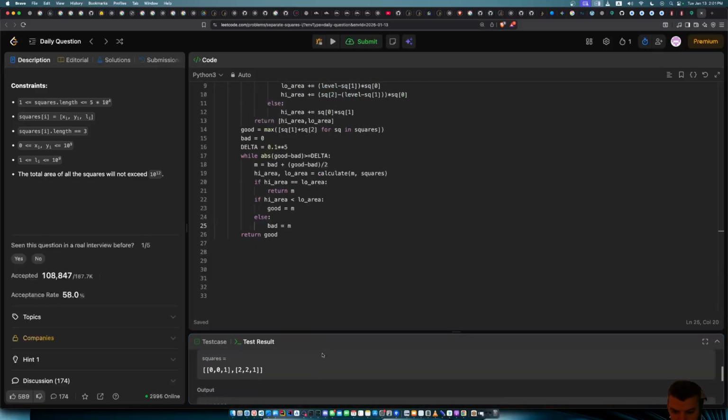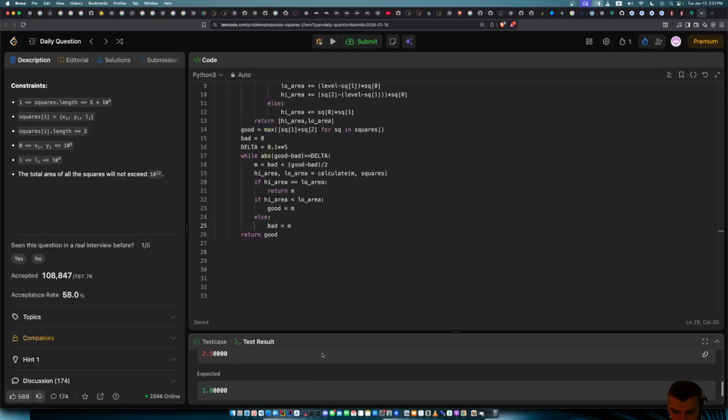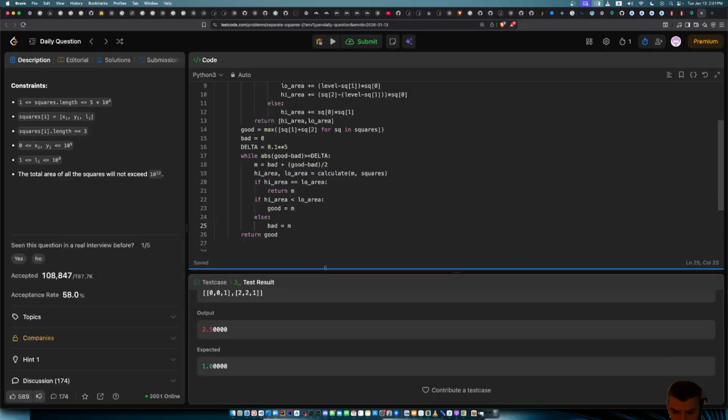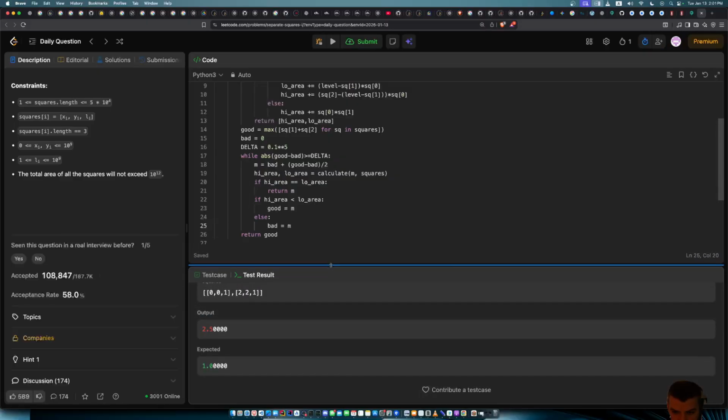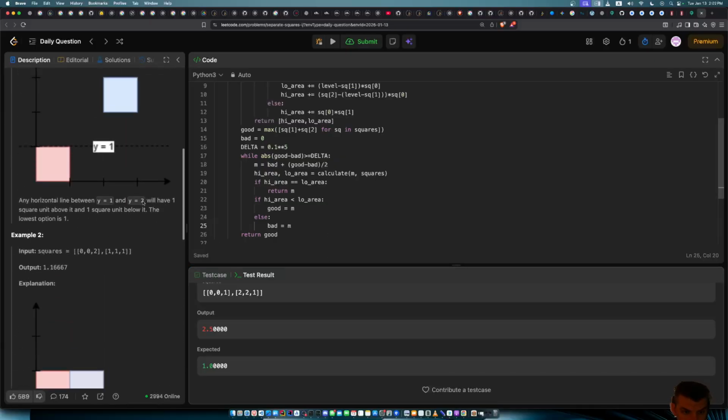Still no. Output 2.5, whereas it should be... What should I return here?